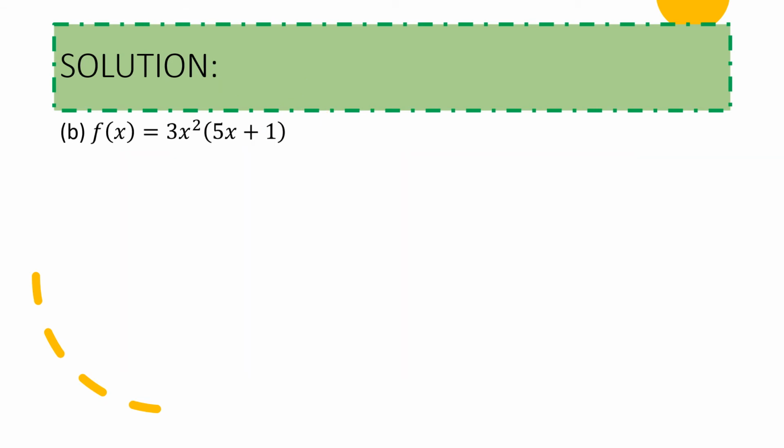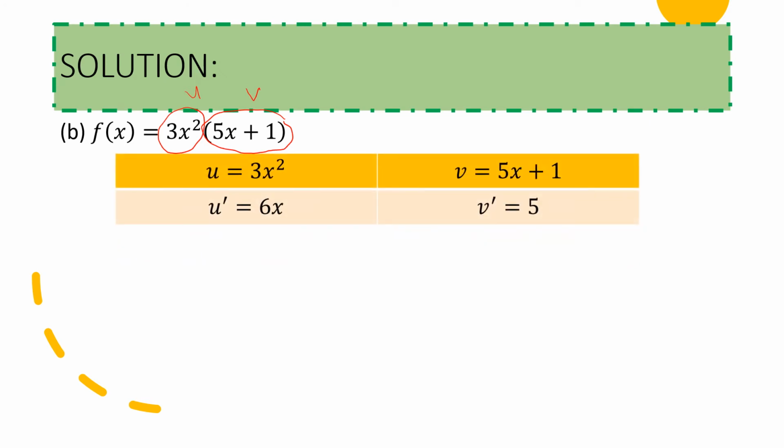B. f(x) equals 3x squared times (5x plus 1). So we let 3x squared be u and 5x plus 1 be v. So from that, we find u prime and v prime. u prime equals 6x and v prime equals 5.